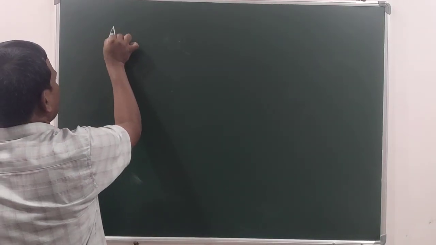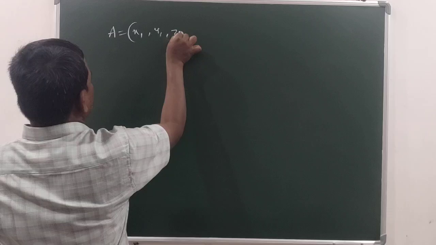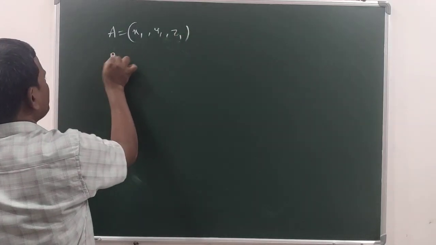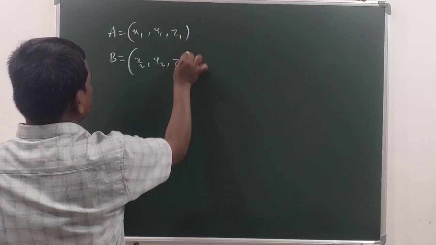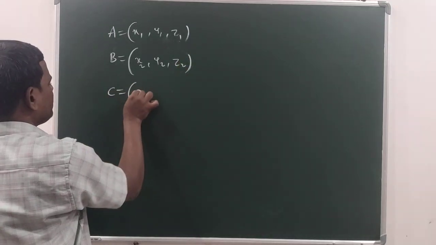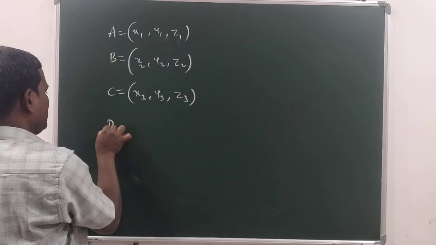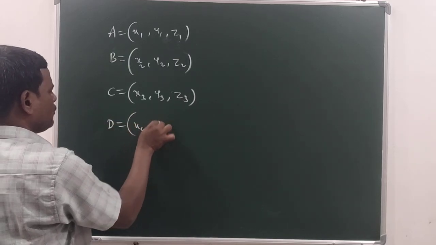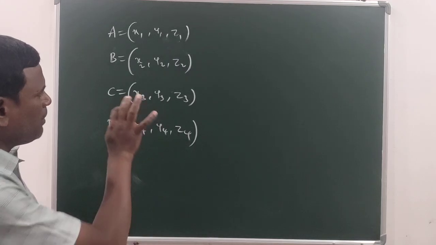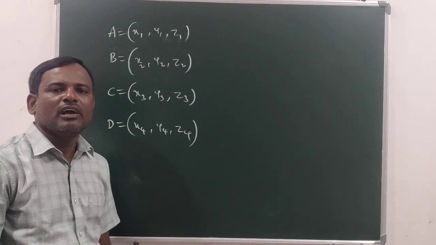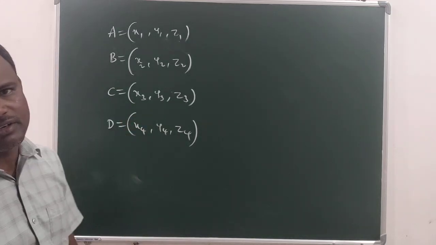See, A (x1, y1, z1), B (x2, y2, z2), C (x3, y3, z3), D (x4, y4, z4). 4 points are given, and they are asking us to check whether those are coplanar or not.